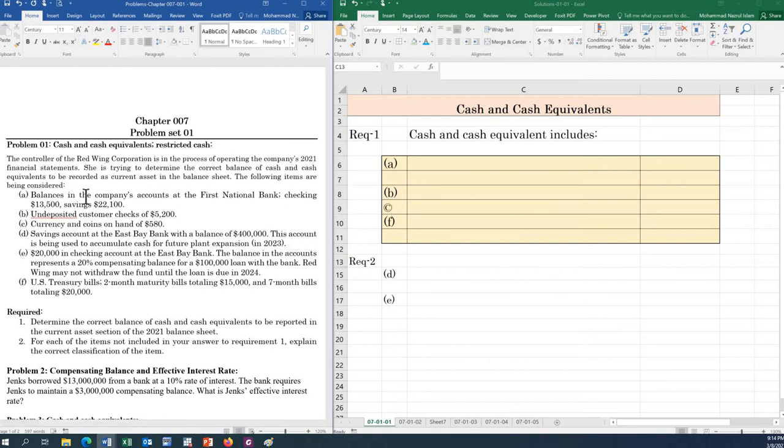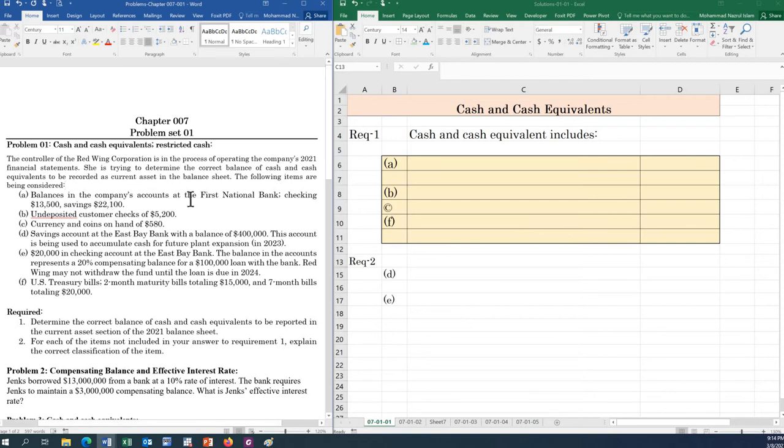The first one is saying the controller of the Red Wing Corporation is in the process of operating the company's 2021 financial statements. She is trying to determine the correct balance of cash and cash equivalents to be recorded as current asset in the balance sheet. The following items are being considered.